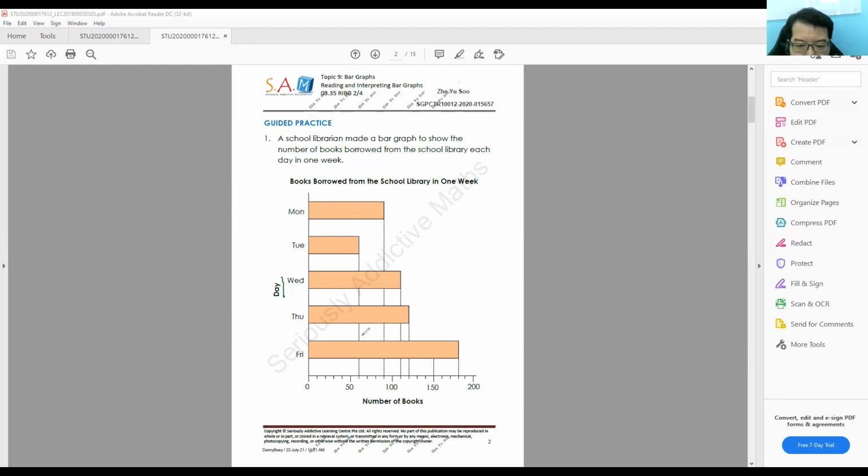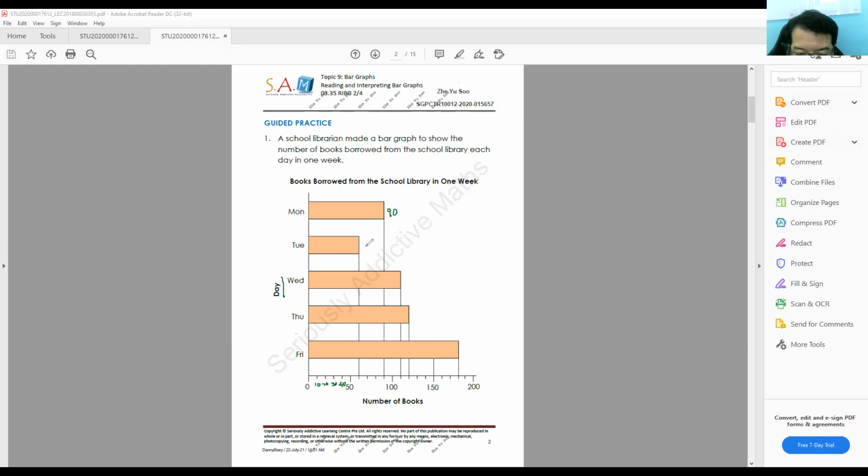Okay, so let's write down the numbers first. Now, first of all, we need to understand, right, what each represents, right? So let's see. This will be 10, right? Each of these scale here, 10, 20, 30, 40, right? So each represents 10. Okay, so let's write the numbers here. Monday would be 90.